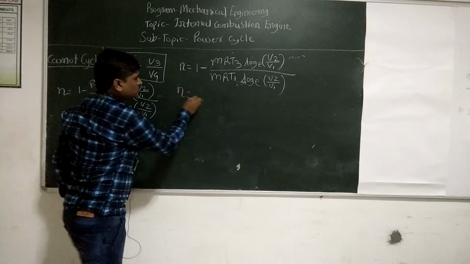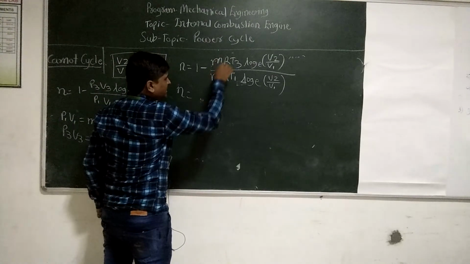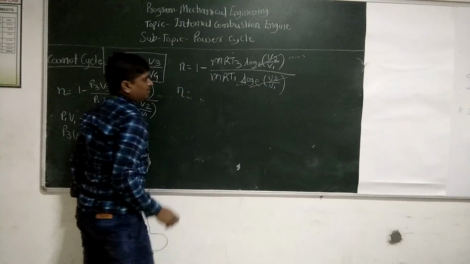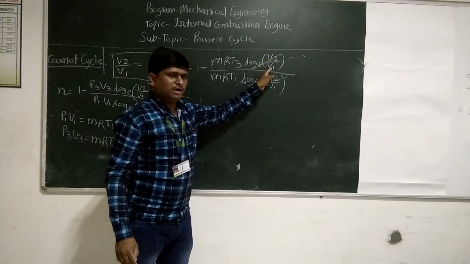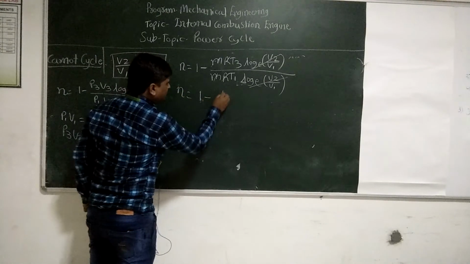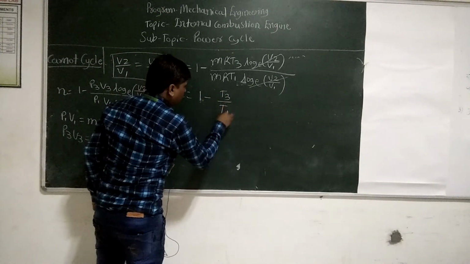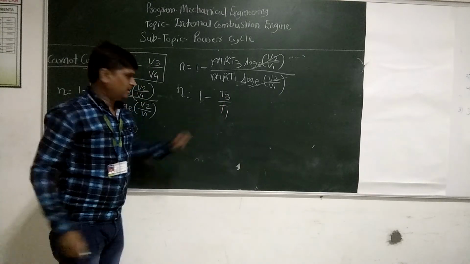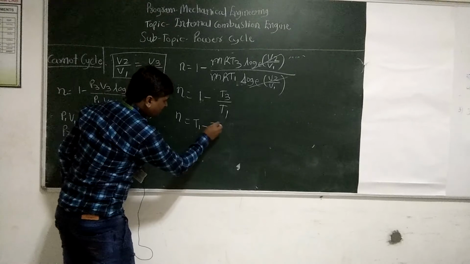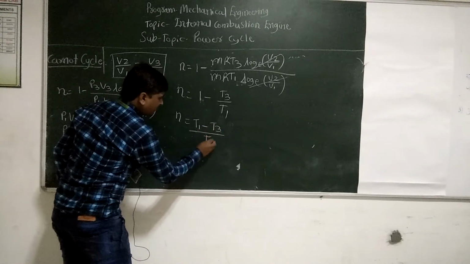Then m is cancelled, R is cancelled, and log of e V2 upon V1 also cancels. Now remaining is 1 minus T3 upon T1.